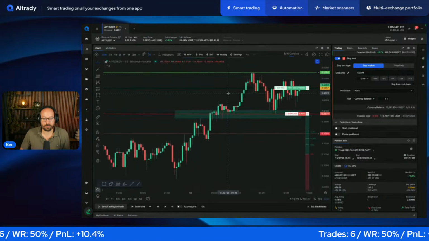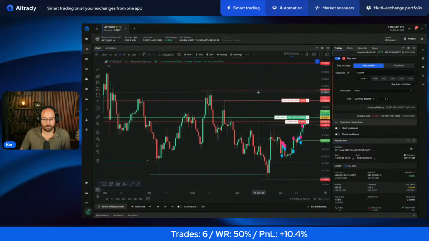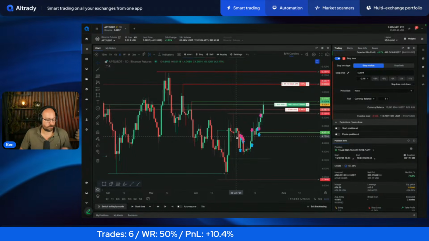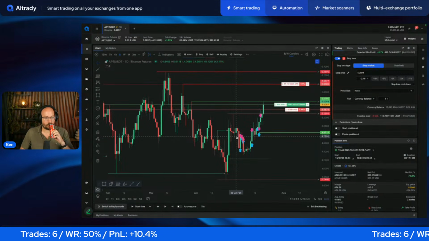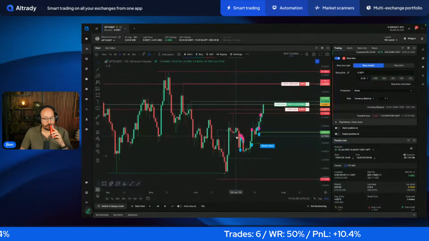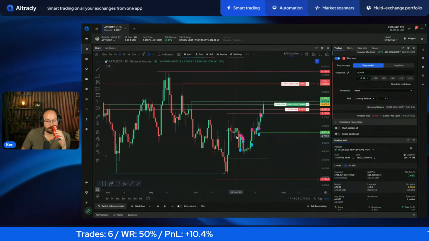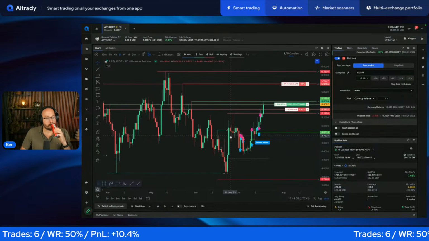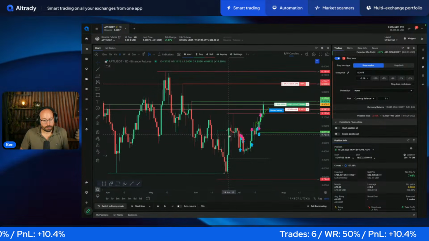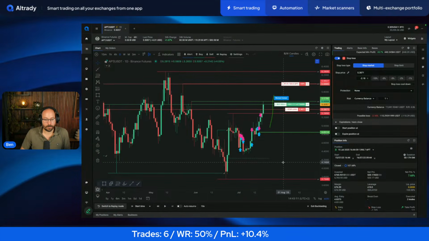But the problem I see on the daily, if you go back, is that there are no supports. I think this is the only fair value gap on daily, right? So this one was fulfilled, and there is no area to retrace to and then continue moving up.